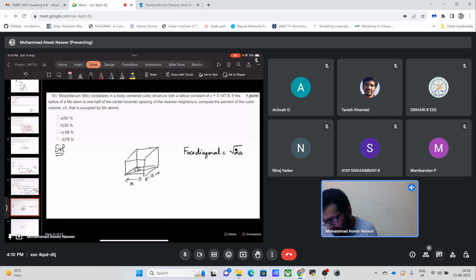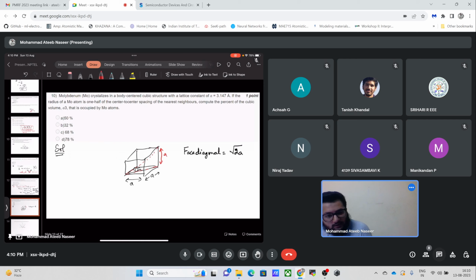Fine. And now this cube diagonal will have this as its hypotenuse. Let me draw it in red. This thing will be its hypotenuse, and it will have its sides equal to a and root 2a.